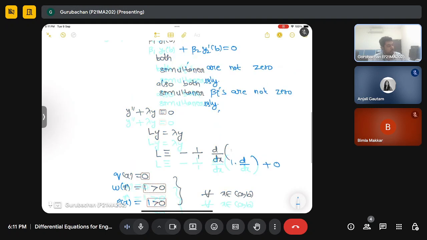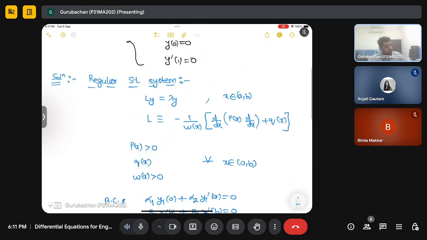And corresponding to this, what is the inner product? Let me write here: the inner product of f, g is the integral from a to b with weight function omega(t), f(t) g(t) conjugate dt.